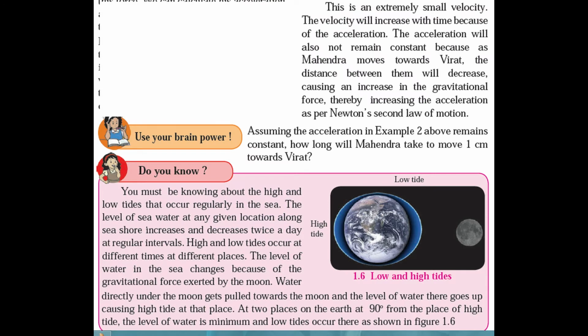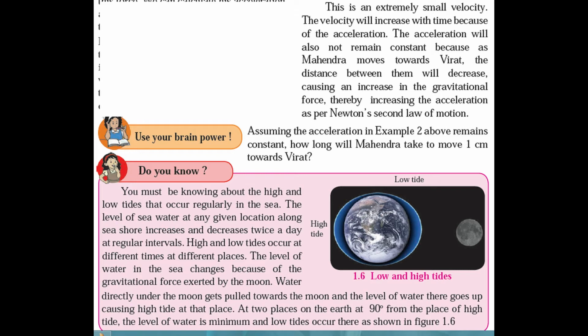Let's move on. You must know about high and low tides that occur in the sea. The level of seawater at any given location along the seashore increases and decreases 2 times in a day at regular intervals. High and low tides occur at different times at different places.